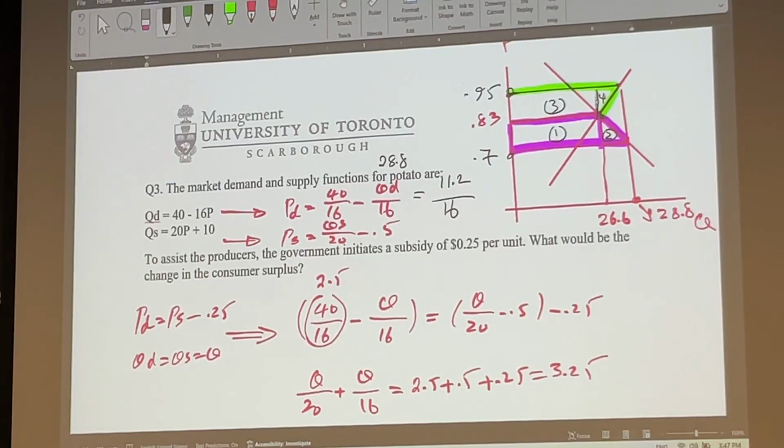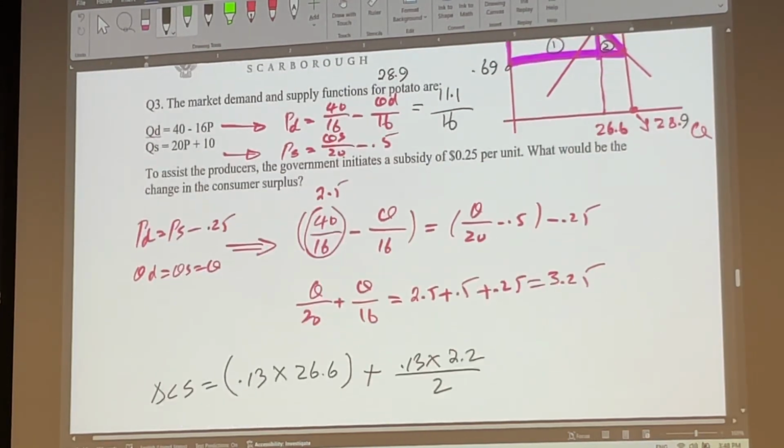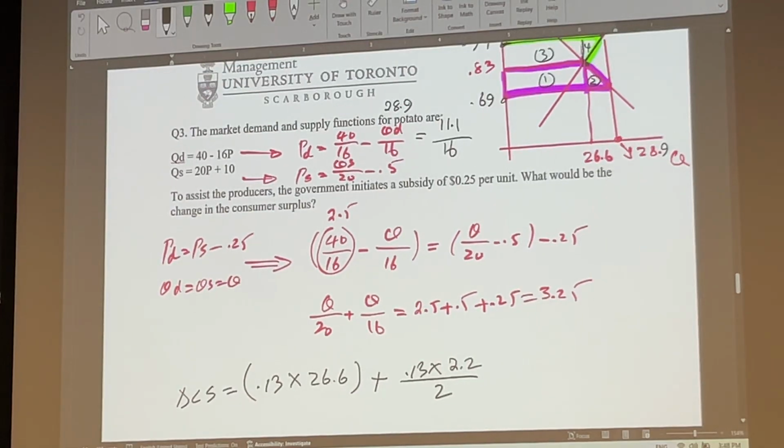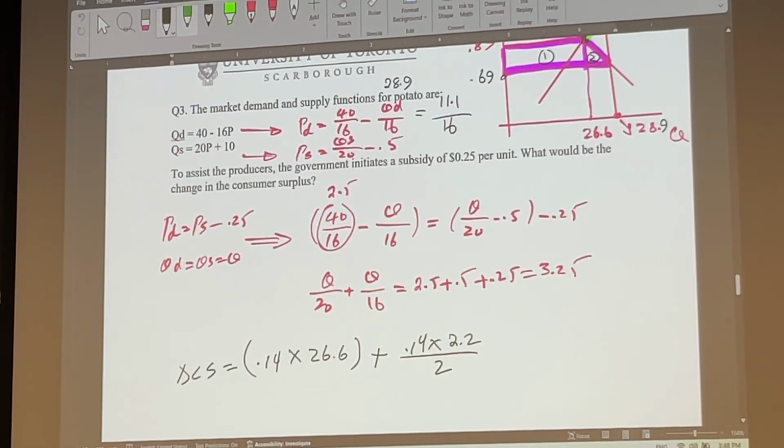It's slightly up, it's fine. If this was a test, it was fine, but I want to have it right. So that should be 14 cents. That's what the consumer gets.